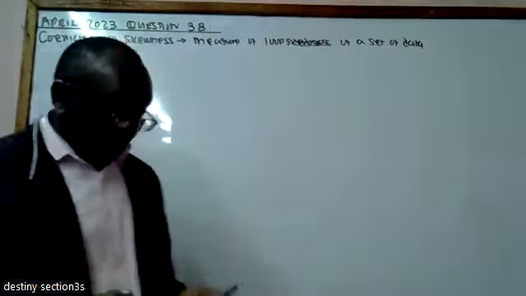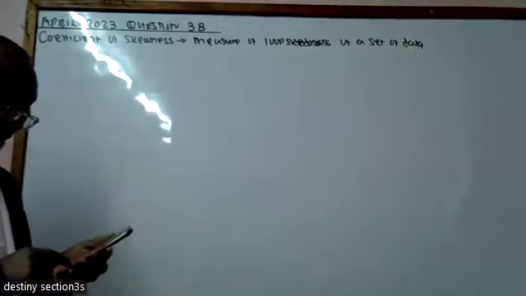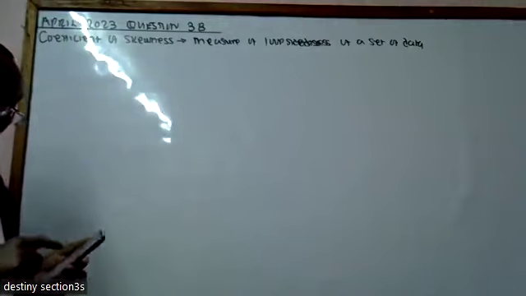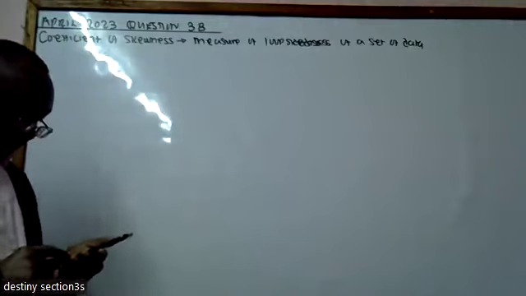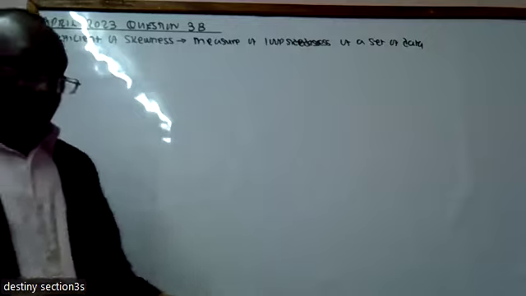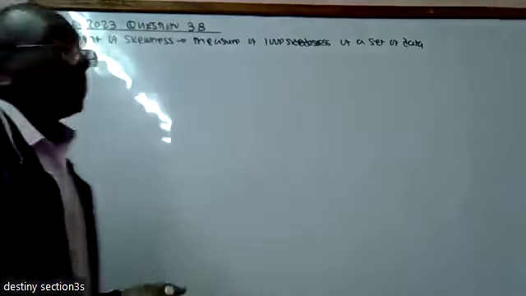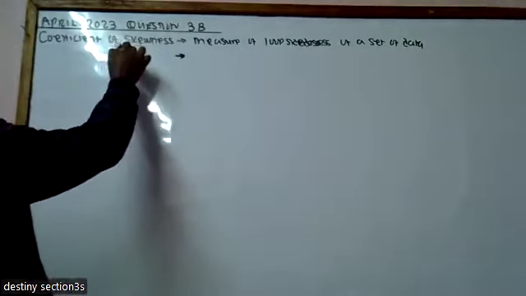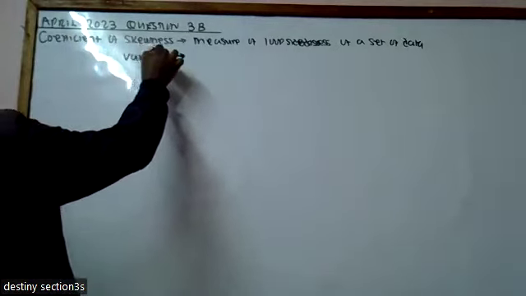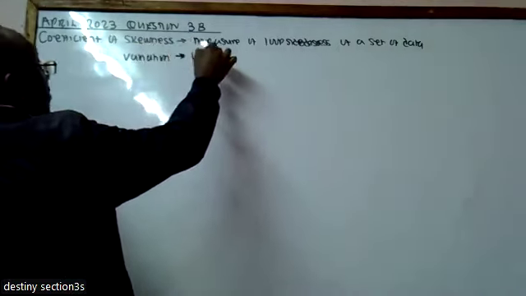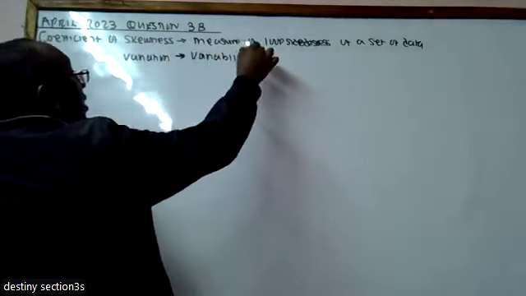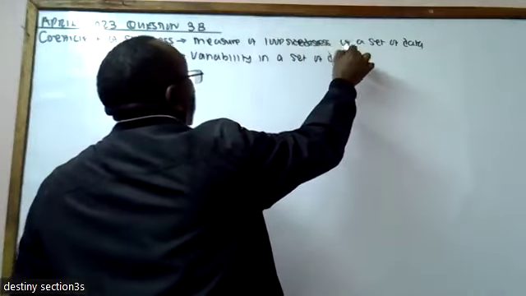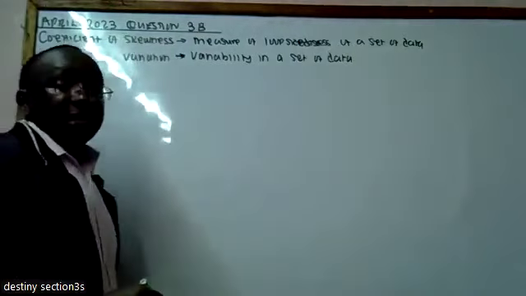The next term that we are told to talk about is the coefficient of variation. Coefficient of variation is a measure of variability in a set of data.